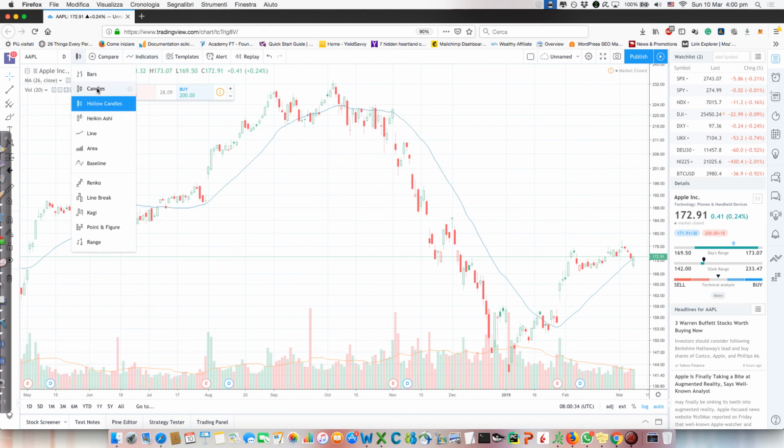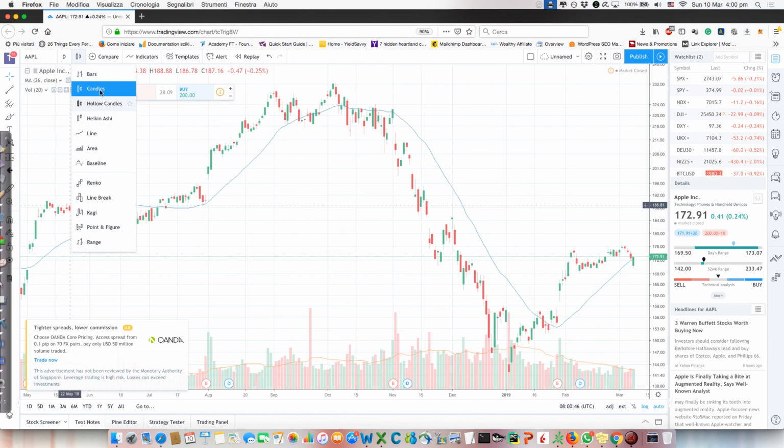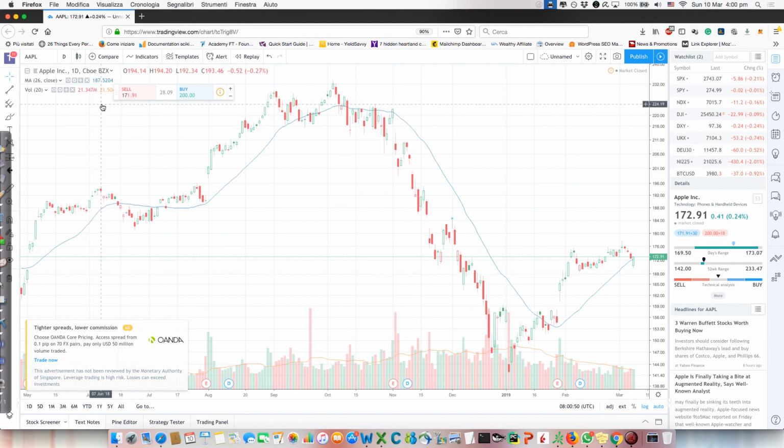You just change it here, and that's all. These other candles are more advanced, so the two settings that you should use are only the hollow here or this one. And usually I prefer this one because it's easier to understand.